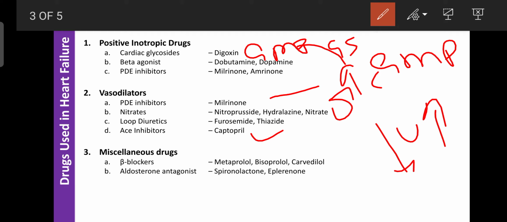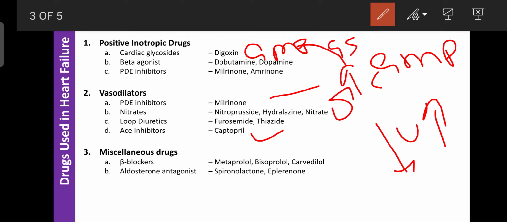Due to hypertrophy, the size of the left ventricle can increase under the influence of angiotensin 2. So angiotensin 2 is one of the main hormones or autocoids involved in left ventricular failure, causing hypertrophy, also known as enlargement of the ventricles.